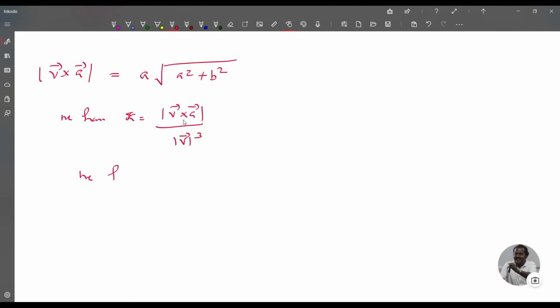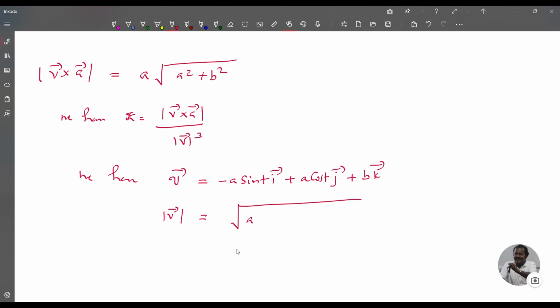We have v equal to minus a sin t i plus a cos t j plus b k. Therefore, the modulus of v is the square root of a square sin square t plus a square cos square t plus b square.